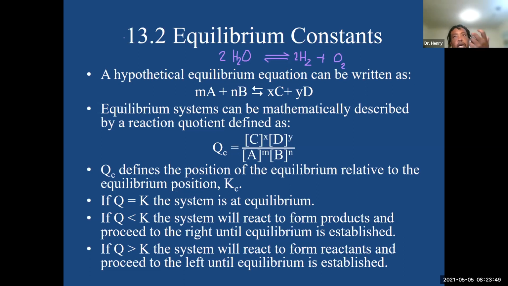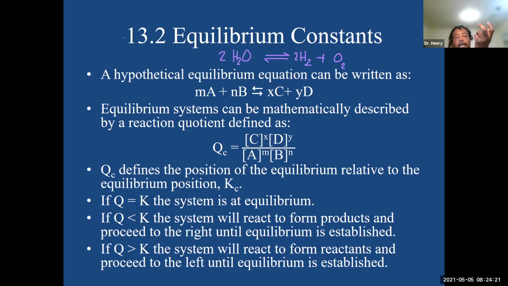Okay, now at equilibrium, our quotient is going to be equal to our equilibrium constant, and that's going to be our Kc. If the quotient is greater than the equilibrium constant, then, let me think about this.